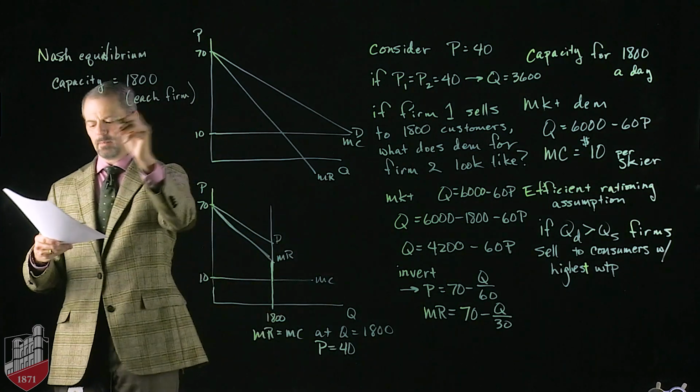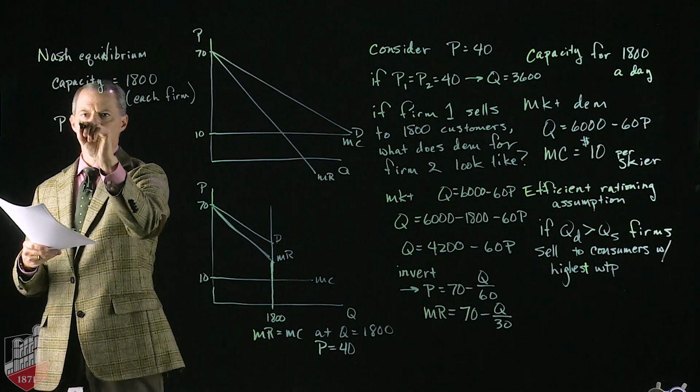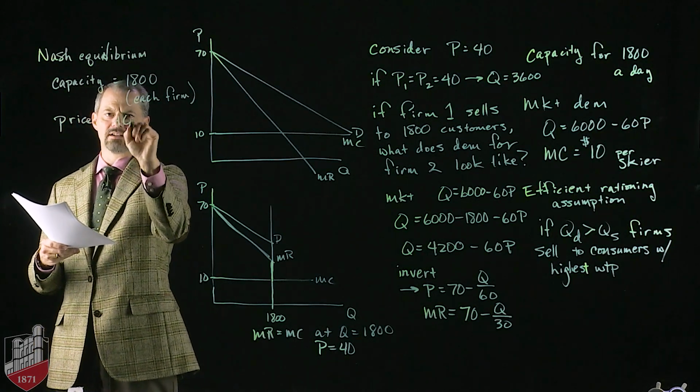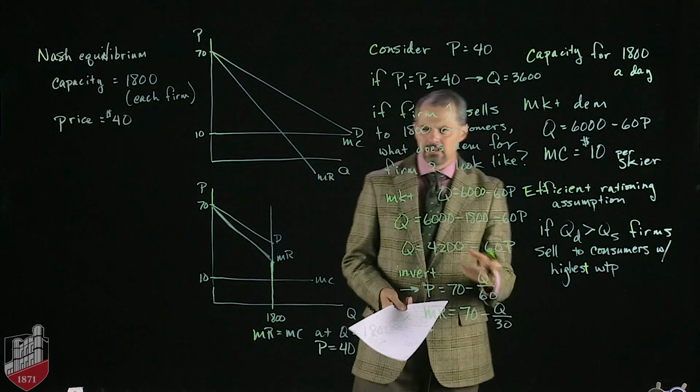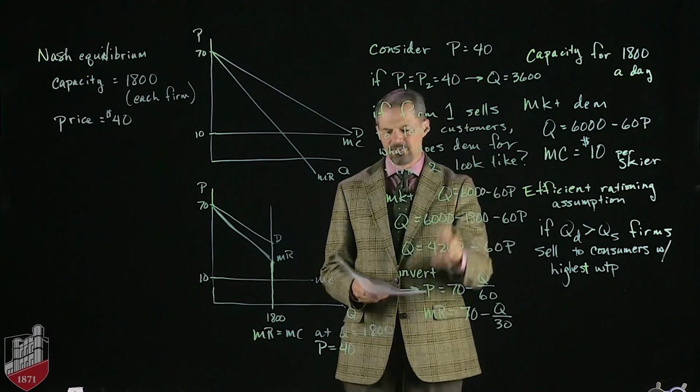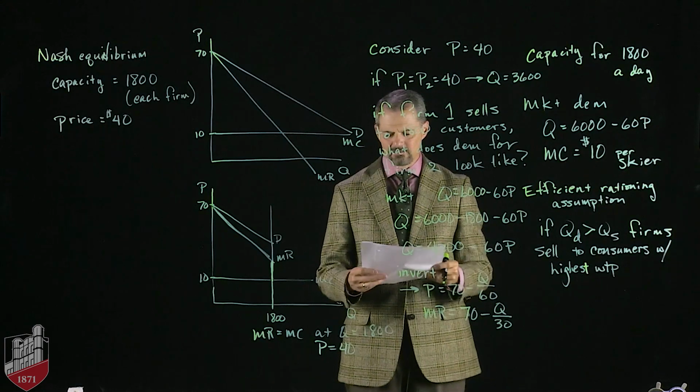And then each firm charges a price equal to $40. And they sell a total quantity exactly equal to the sum of their 2 capacities.